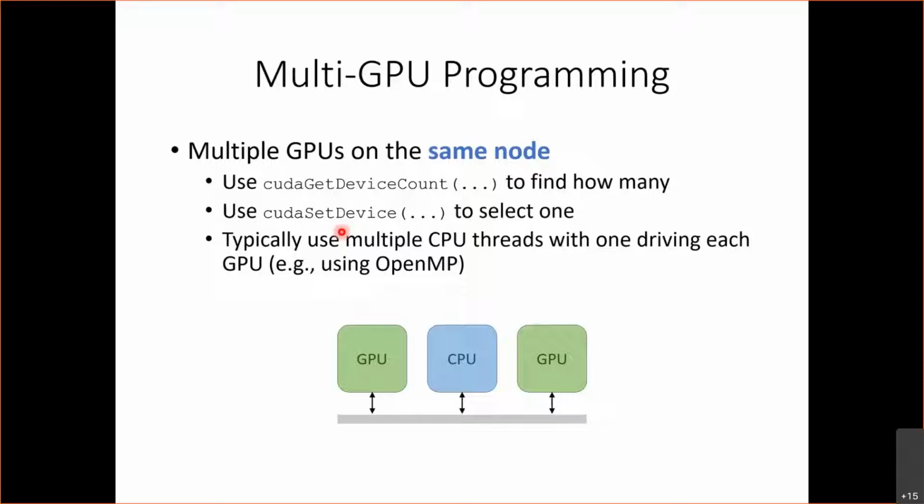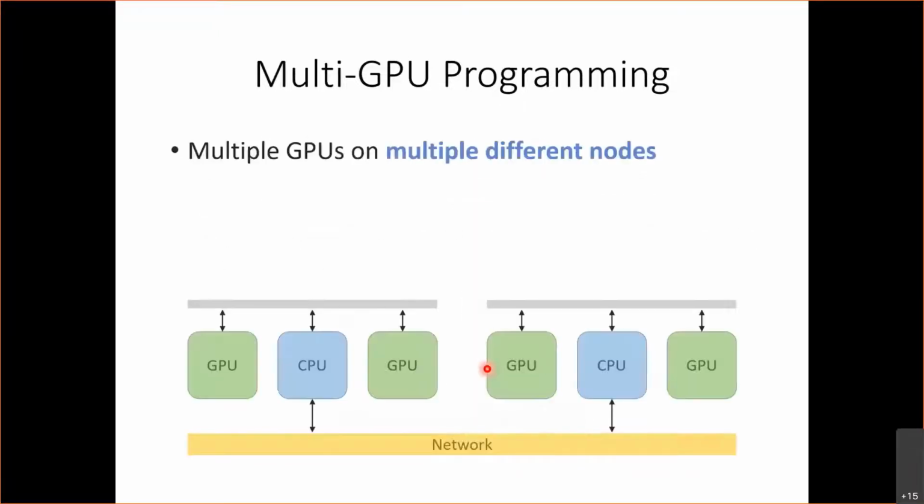Okay. Now, this is one form of multi-GPU programming, where we have multiple GPUs attached to one CPU, but we can also have multiple GPUs on multiple different nodes in a network. So we can have multiple CPUs connected via a network, and each of these CPUs could have multiple GPUs.